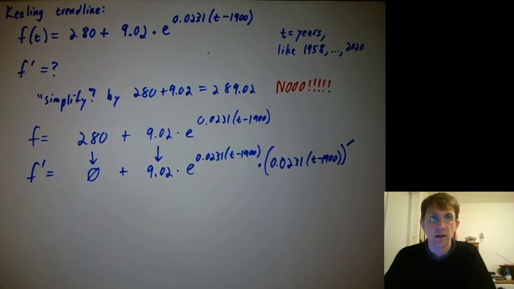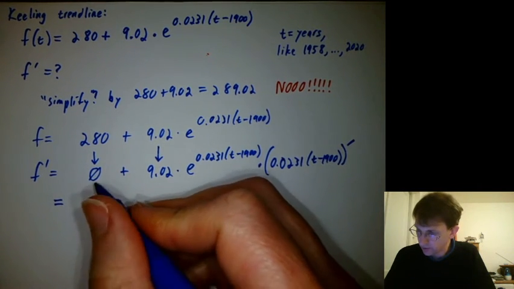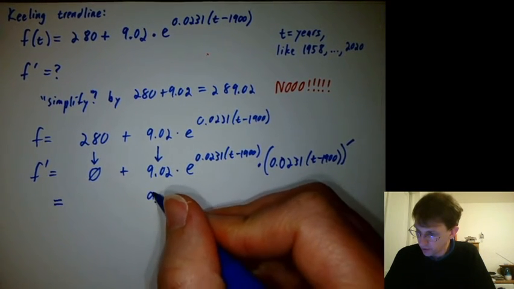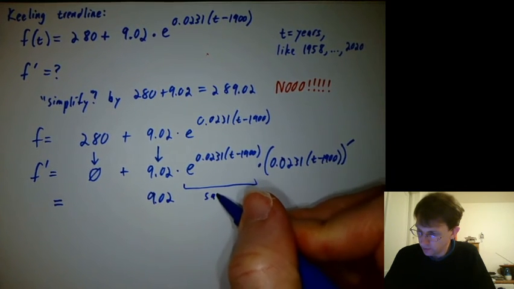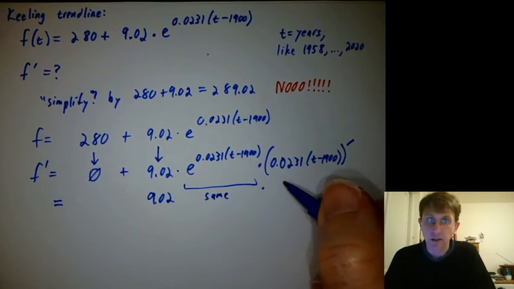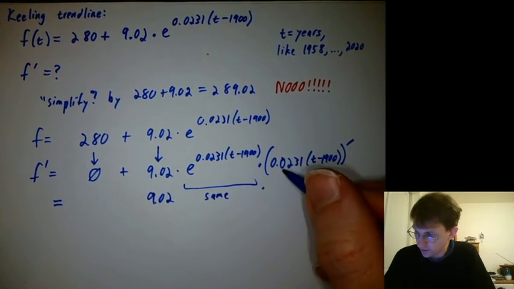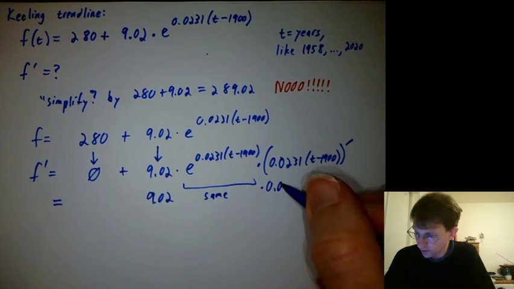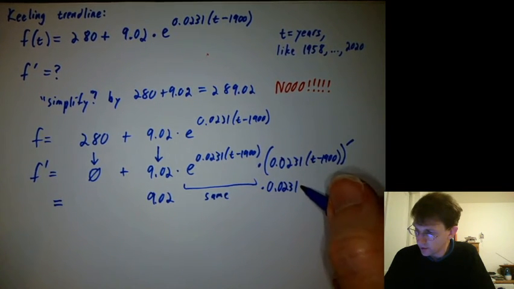All right, so then how do we take the derivative of that? Well, we still have a 0 here. We still have the 9.02 here. We have all this is the same. And then how about this? Well, the 0.0231 is just a constant vertical multiplier, so I can copy that as well. And then what's the derivative of t minus 1900?